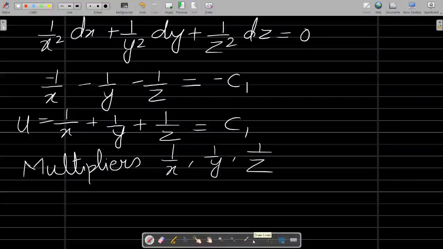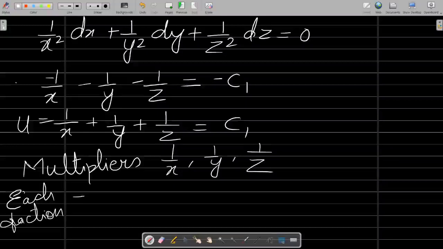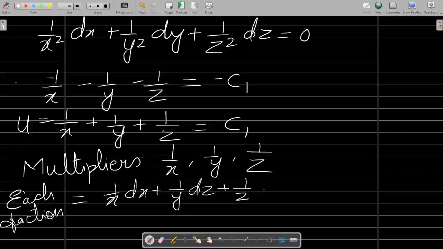Now, if I choose the multipliers as 1 by x, 1 by y, 1 by z, what we will have is each fraction equal to 1 by x dx plus 1 by y dy plus 1 by z dz, whole divided by 1 by x into P. So P is x square into y minus z.